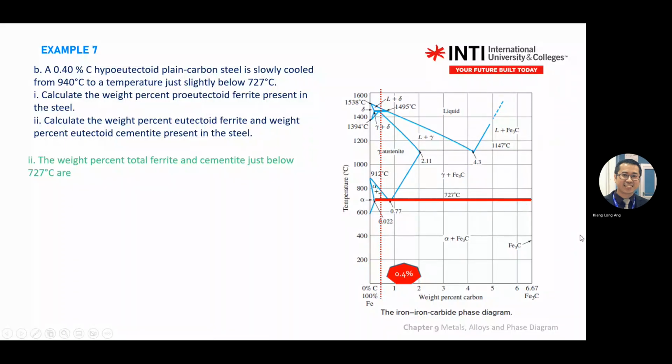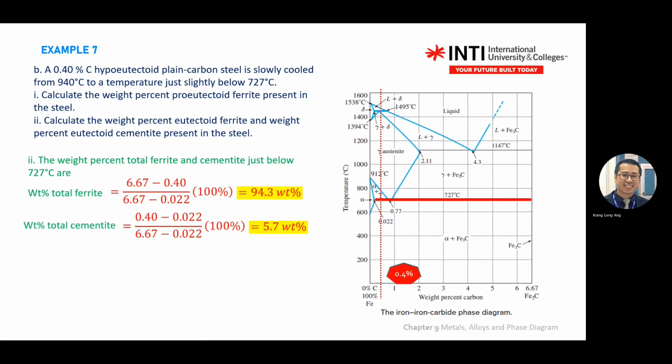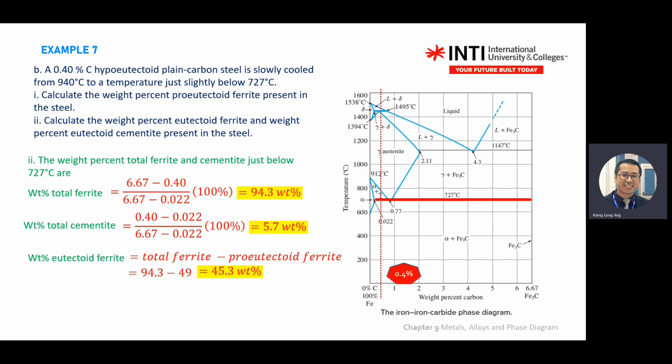So example 7. By now you should be able to identify pro- terms, for example on the slide here, pro-eutectoid, pro-eutectic, and so on.